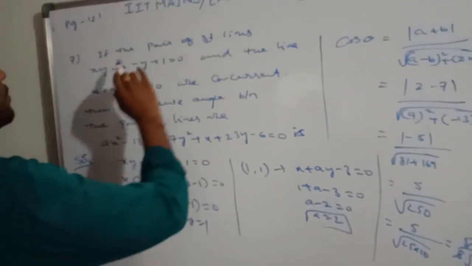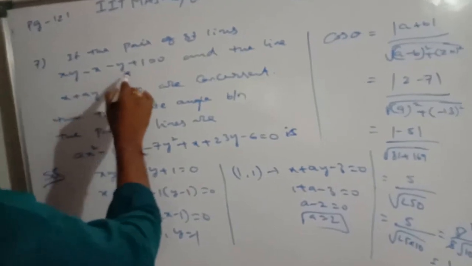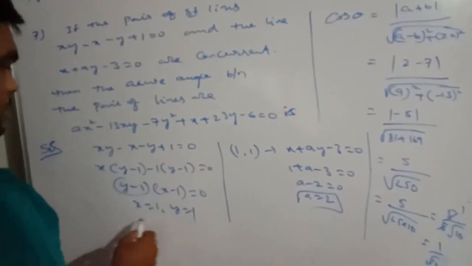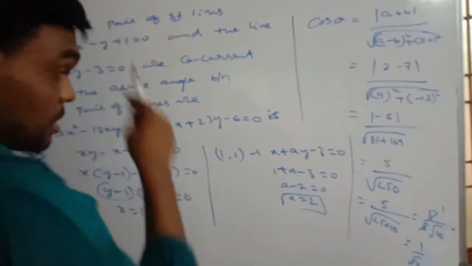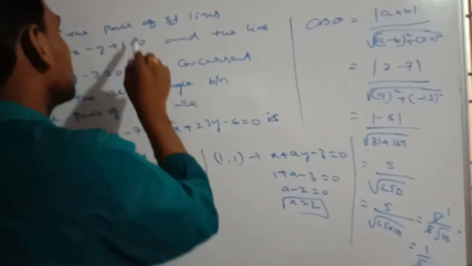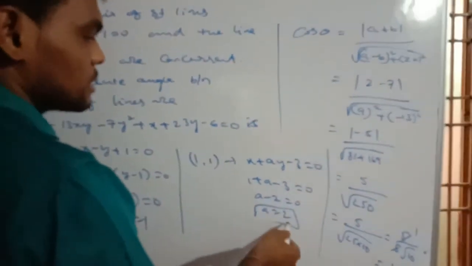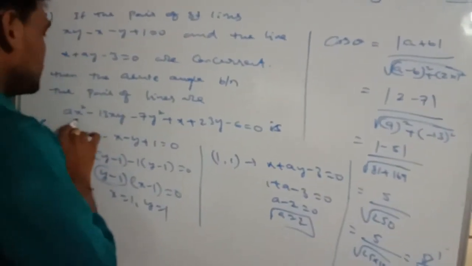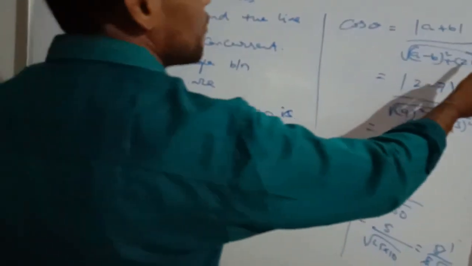Now I repeat, xy minus x minus y plus 1 is equal to 0. Split the lines. Y minus 1 into x minus 1 is equal to 0. Now the point x1, y1, this is point 1 comma 1. Now the lines are congruent, that means the point passes through this line. Here a is substituted in the given pair of lines, and cos theta is equal to modulus of a plus b by root of a minus b whole square plus 2h whole square.